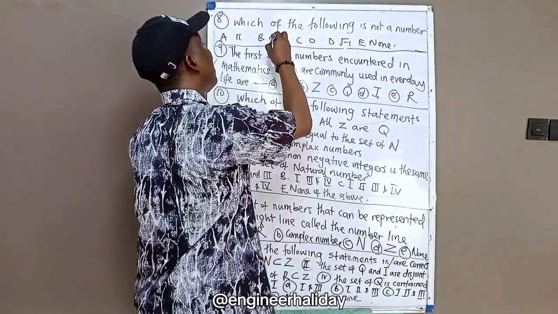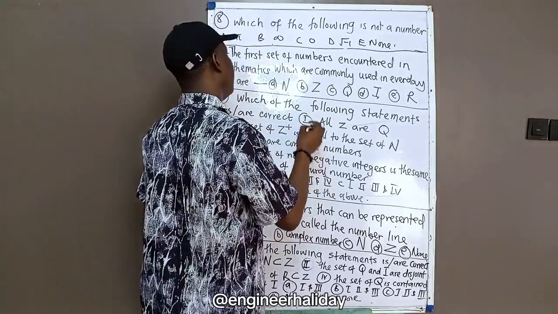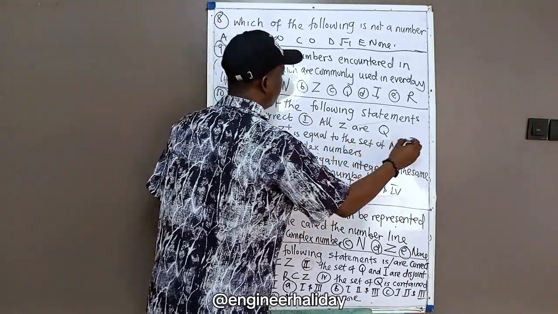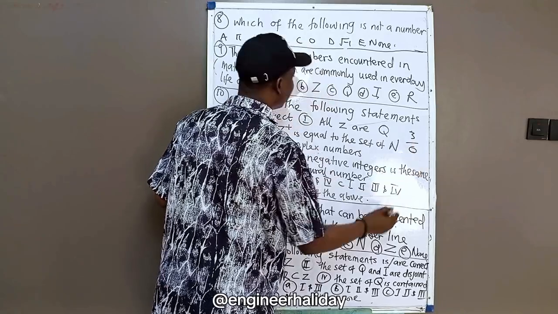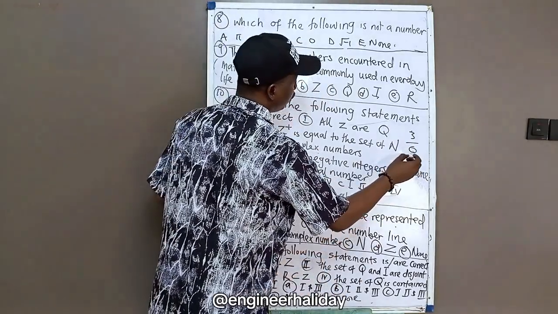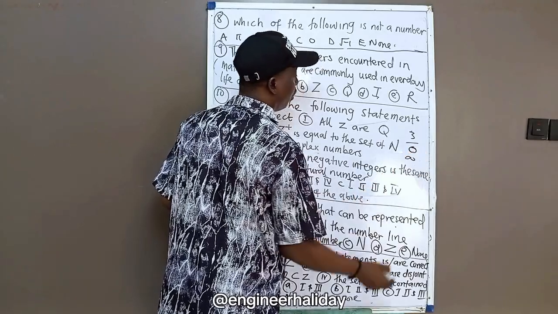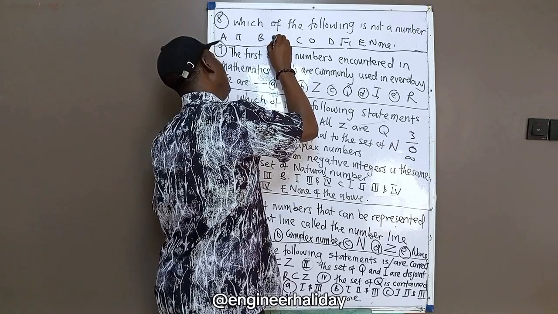When you divide a number by 0, it gives you undefined. For example, 3 over 0 is undefined, because of 0 under, which is what we call infinity in other words. So this one now is undefined.